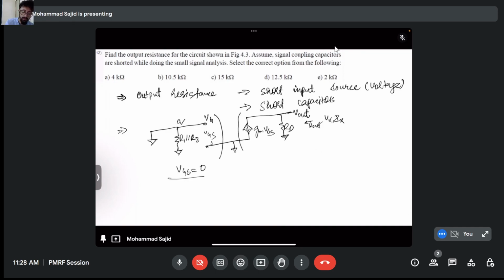And these are decoupled, so this will also be equivalent to 0. I am only left with RD, and this is my Ix, this is Vx. So my Vx is equivalent to Ix into RD. So my output resistance is simply Vx by Ix, that is RD.